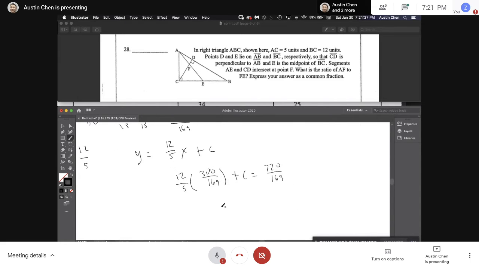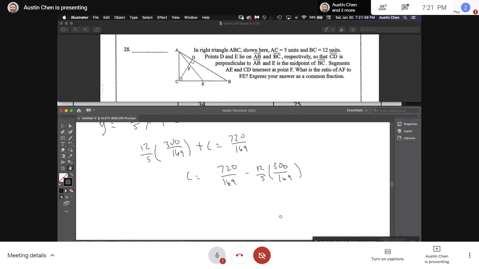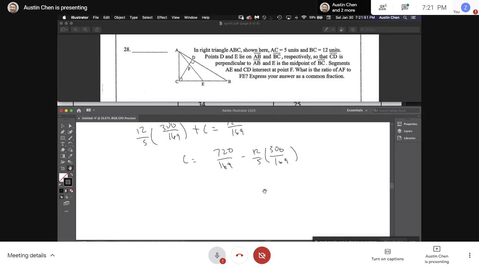So then c will equal 720/169 minus 12/5 times 300/169. And then so this is going to be minus 600 over 5 times 169, and then this left side is going to be 5 times 720, which is going to be 600. Wait.